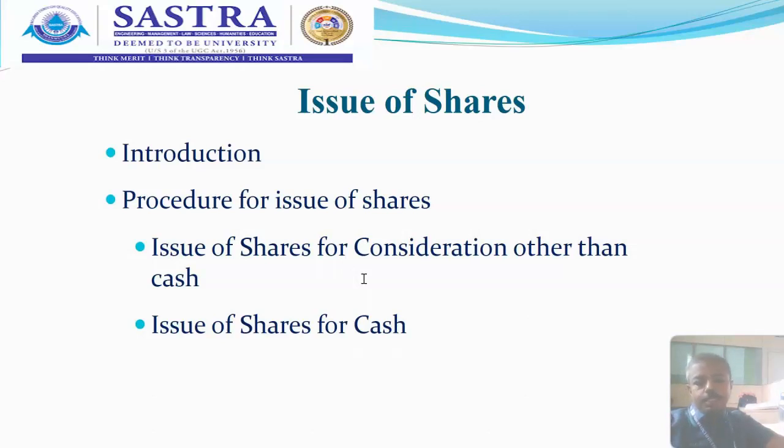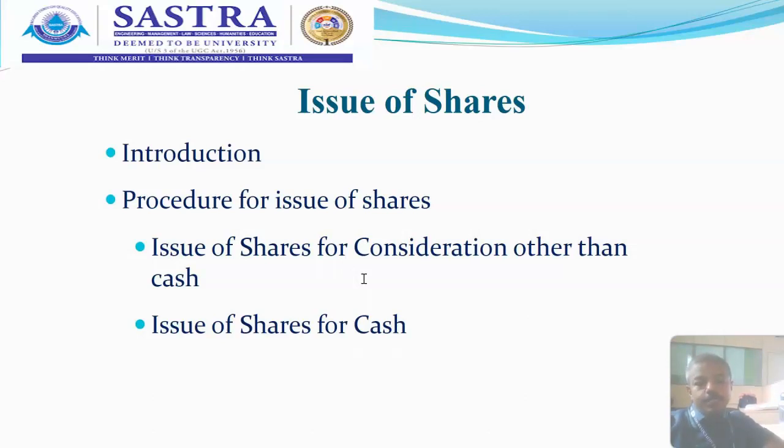The first installment, which applicants have to pay along with their applications for shares, is known as application money. On the allotment of shares, the allottees are required to pay the second installment, which is termed allotment money.